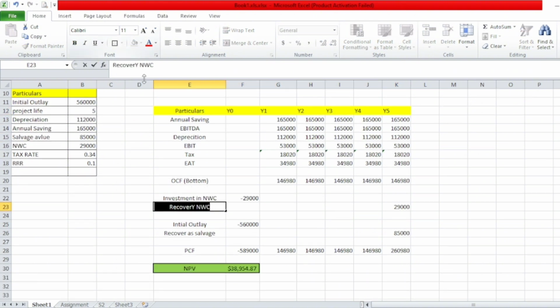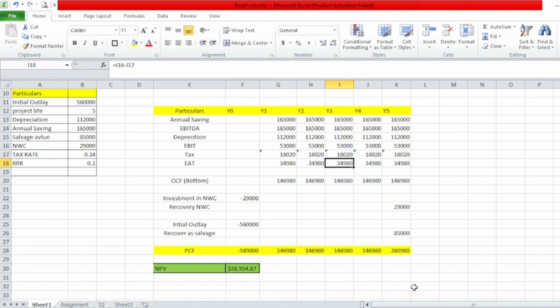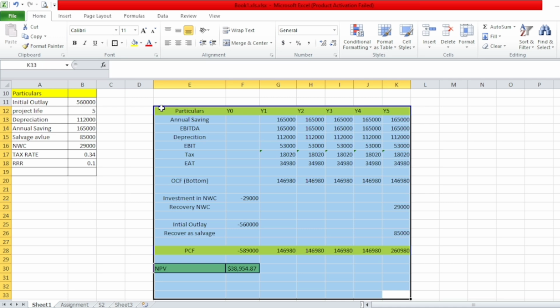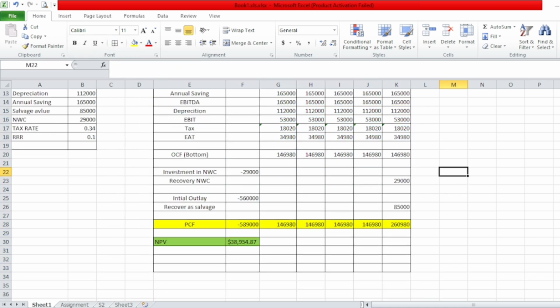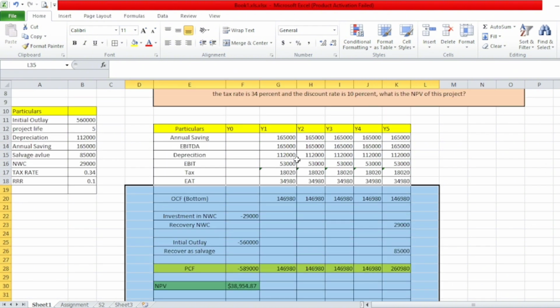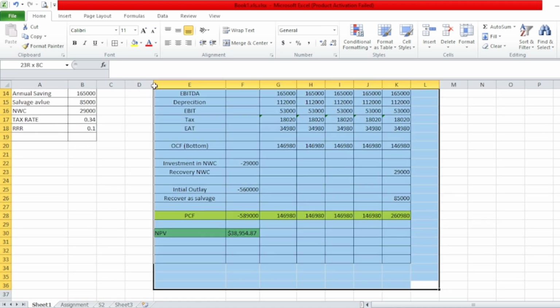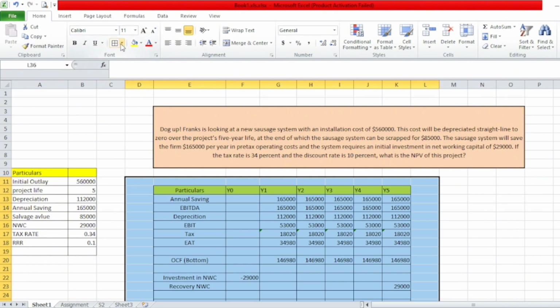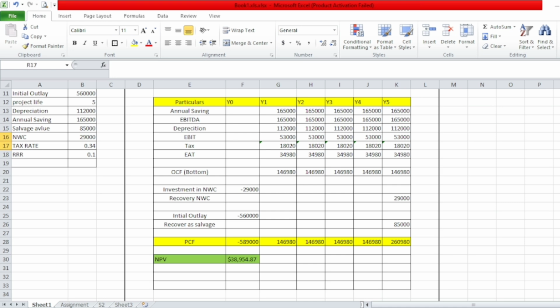This does not need to be as bold. So here we go. It looks a little better than before.